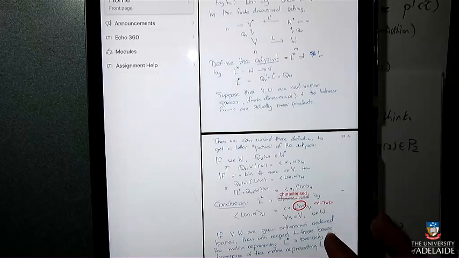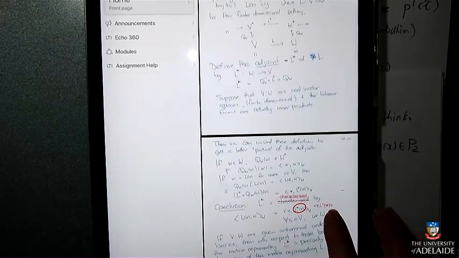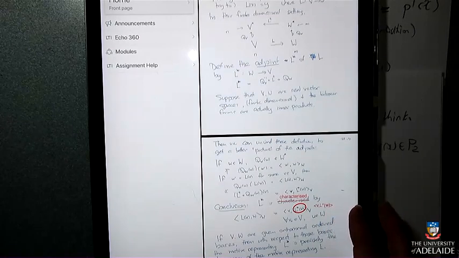That should be a W there, I reckon, not a V. Bringing W back to V and doing the dot product back in V. And the traditional dot product is literal matrix multiplication.